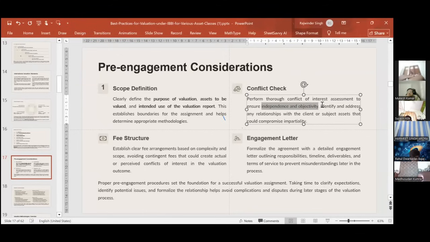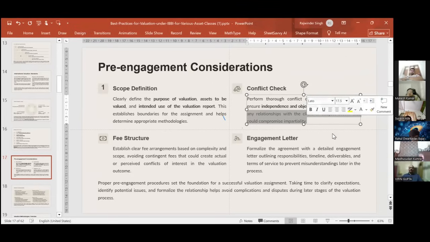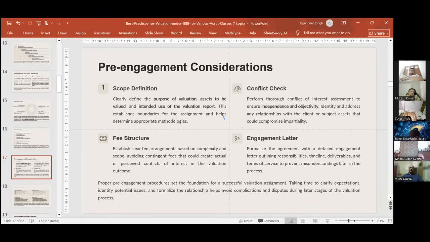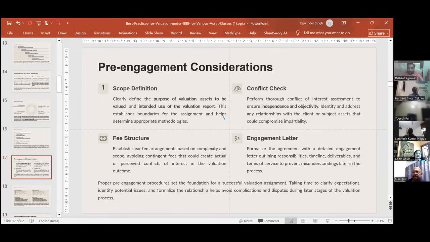You have to identify and address if there is any relationship with the client or the subject assets that could compromise impartiality. So you must not have any interest in the assets of which you are doing valuation, and you must not have any relationship with the client for which you are doing valuation. You have to check these things before starting with work.